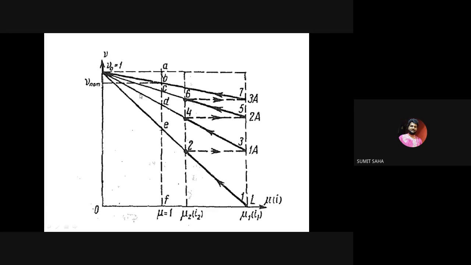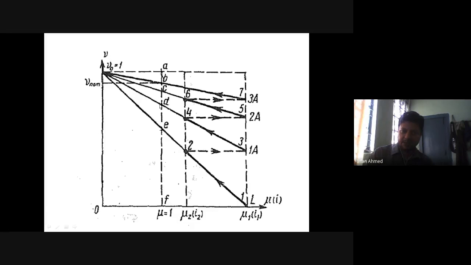How much is the length CD? It is R2 divided by R nominal. How much is BD? R2 plus R3 divided by R nominal. How much is AD? R armature plus R2 plus R3 divided by R nominal. Is this clear?